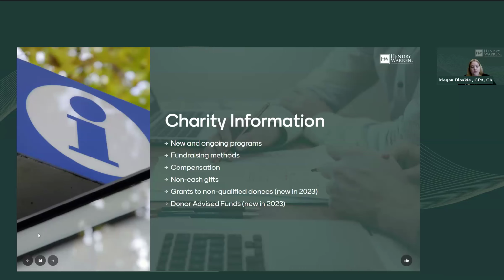There are specific rules around charities' relationships with non-qualified donees that you should be familiar with. Additionally, donor advised funds are those which the donor can direct how the funds will be spent and used in the future.